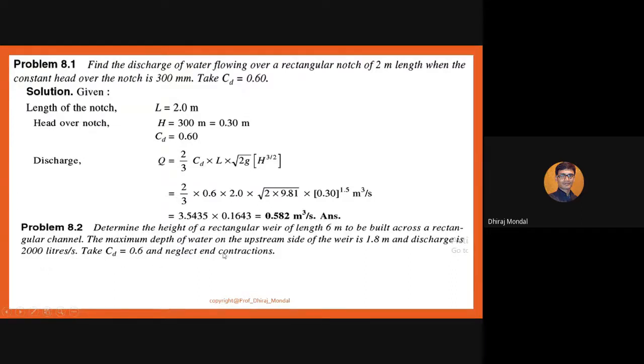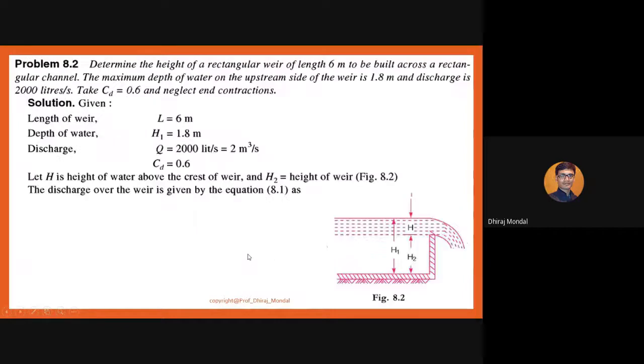CD is given; neglect end contraction. Here L is given as 6, H1 is given as 1.8, Q is given as 2 meter cube per second, CD is given. So you need to calculate the value here. Remember, H1 means from the bottom portion of the notch, the H1 is given, H2 and H.